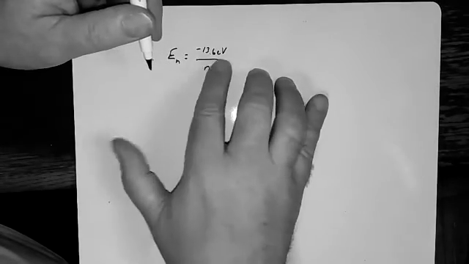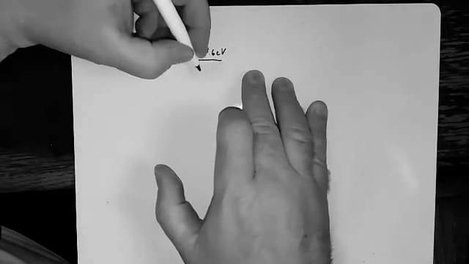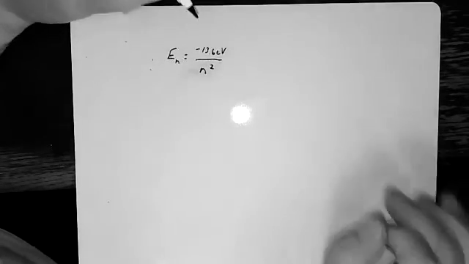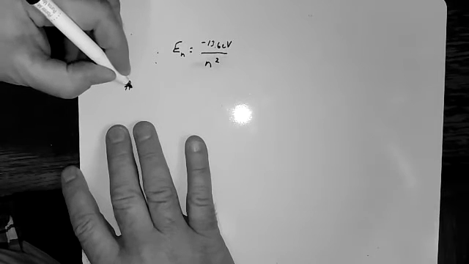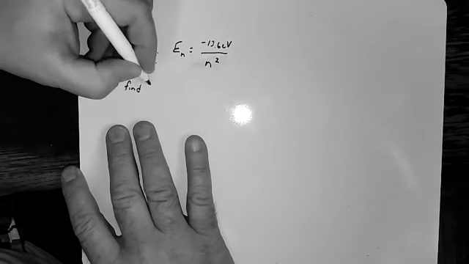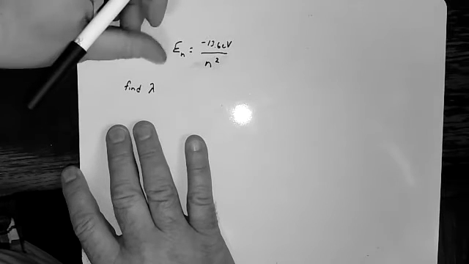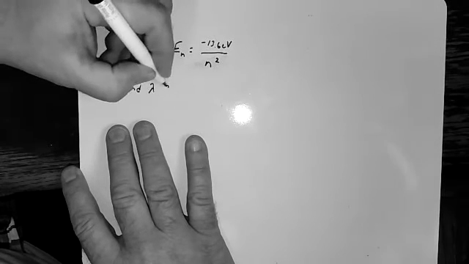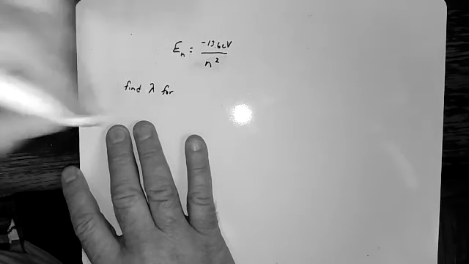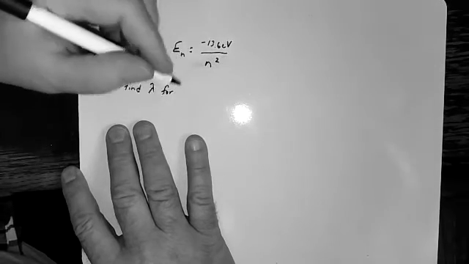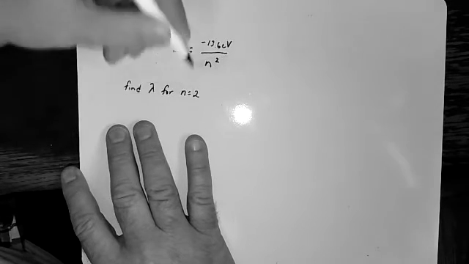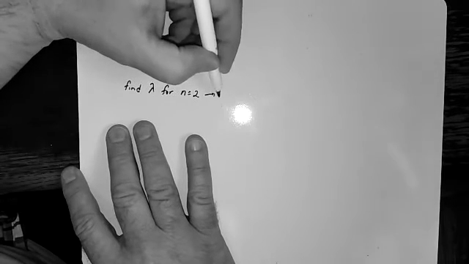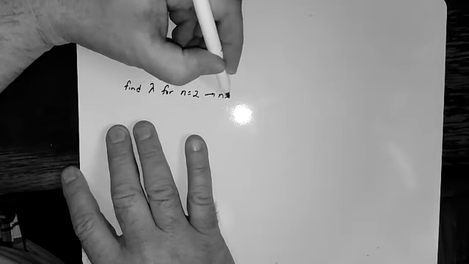So a prompt might look something like this. Find the wavelength that corresponds to n equals 2 transitioning to n equals 6.